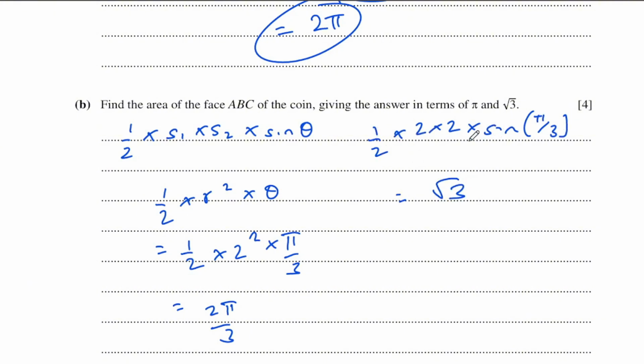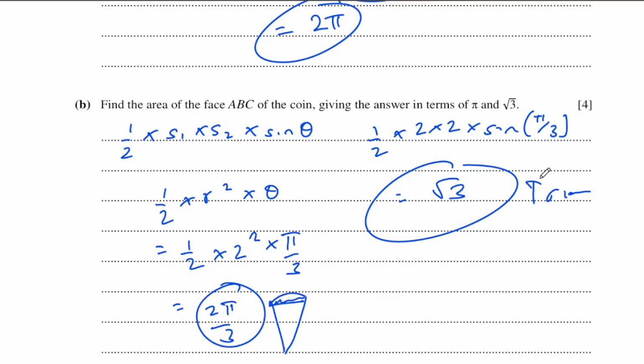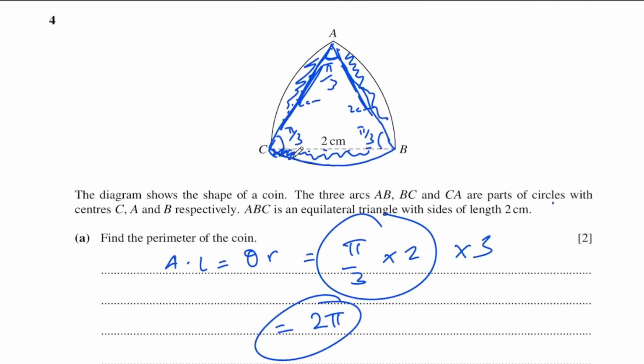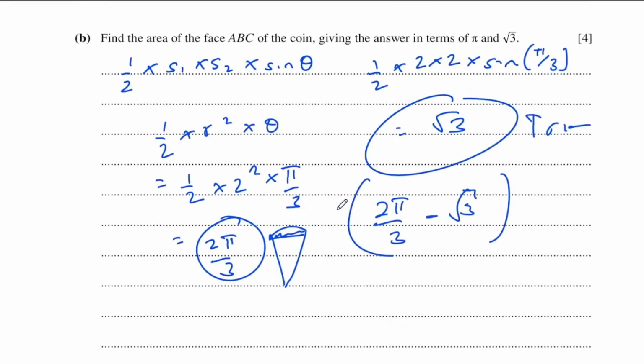And so if you want to find the area of the minor segment, remember this is the area of the triangle, and this is the area of the whole thing. If you just want to find this, you will take the area of the whole thing minus the area of the triangle. So 2 pi over 3 minus root 3. And that will give us the area of this small segment right here. What we will do now is take that area and multiply it by 3.